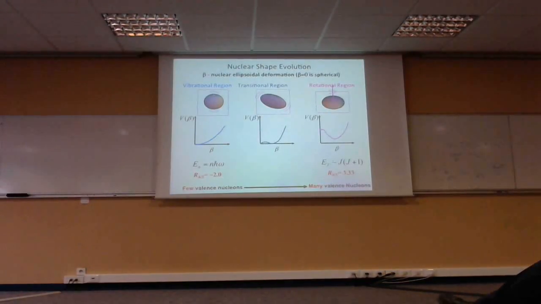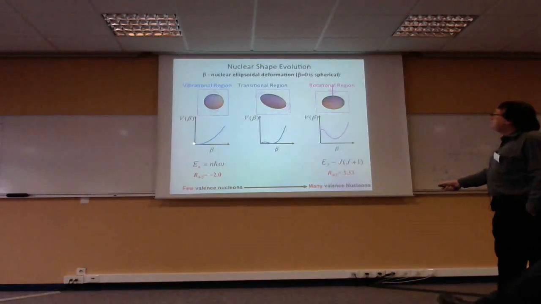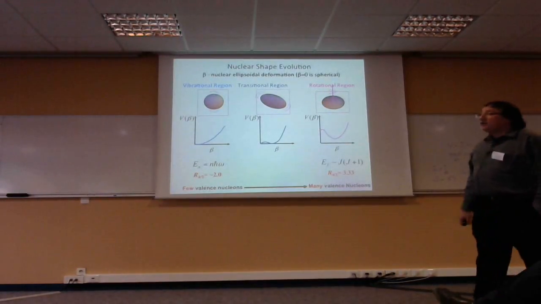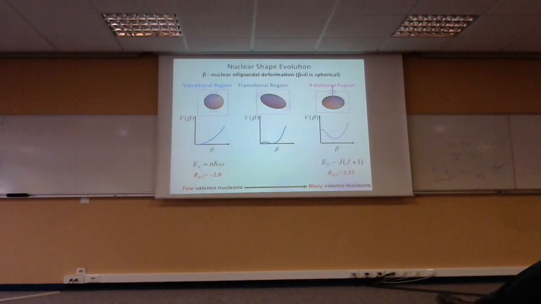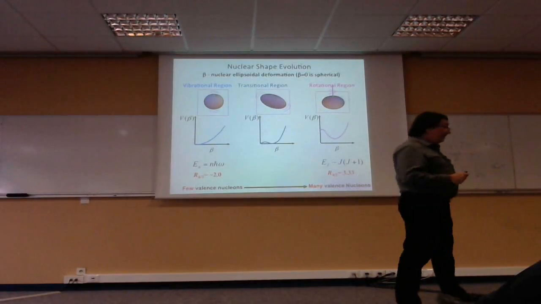That can be associated with the potential in terms of the deformation degree of freedom minimized at beta 0, with a parabolic shape, and the energy is that of the vibrator, 2 plus, 4 plus, etc. Keep that in mind, because that's something we will try to also extend in the pairing form.